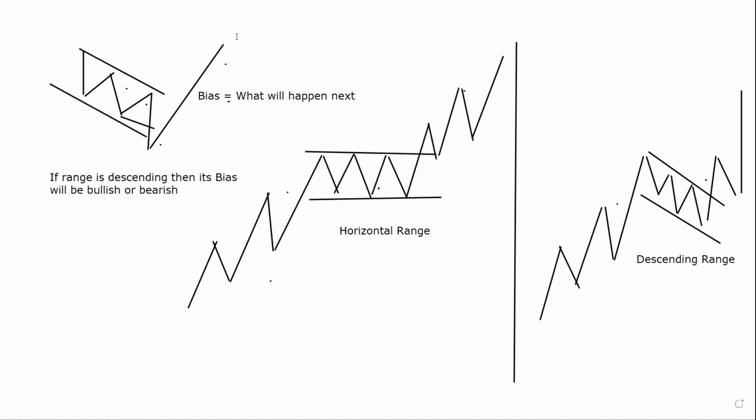I will draw some variations of distribution. So the first variation is this one. We call it an ascending triangle. Now tell me the bias of this one. Ascending triangle is like this. Is this bullish or bearish?